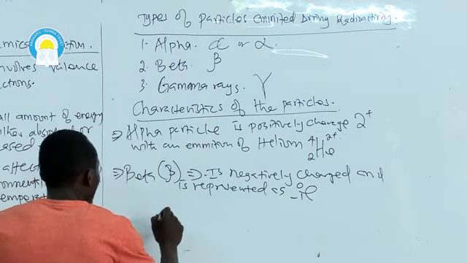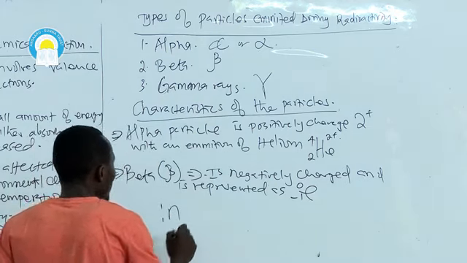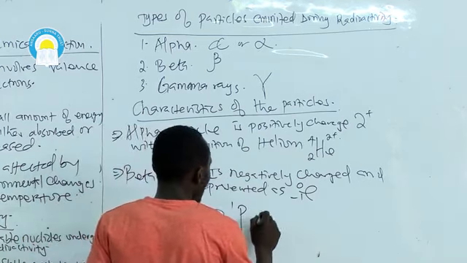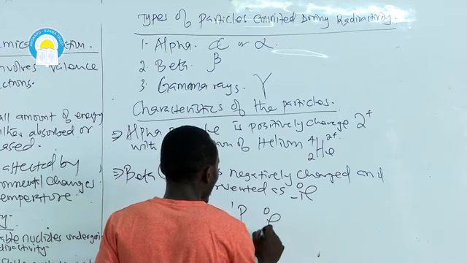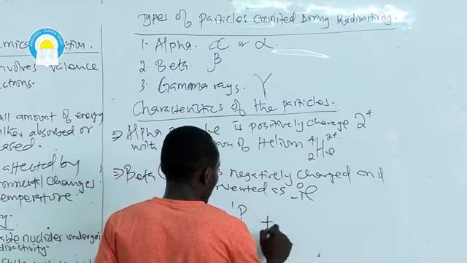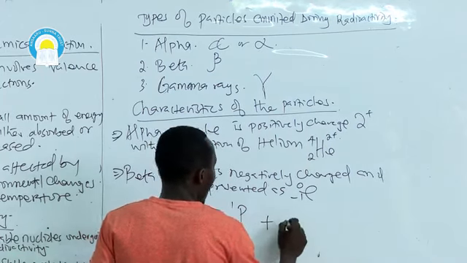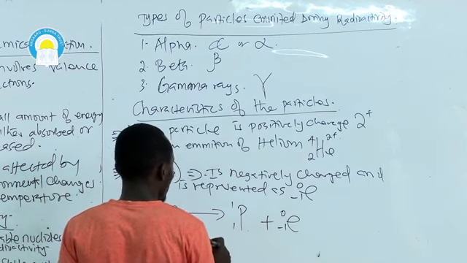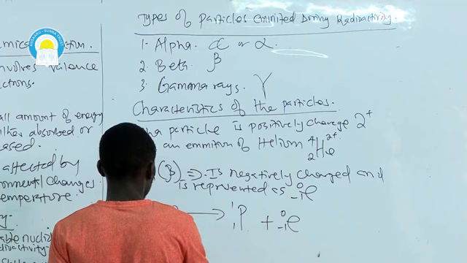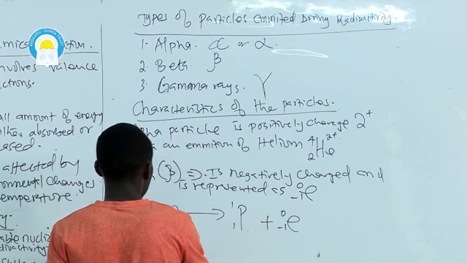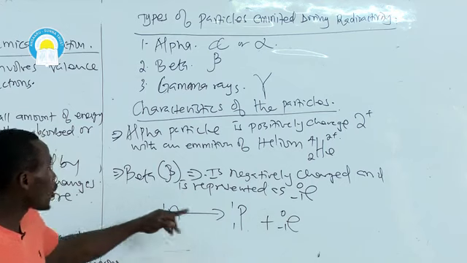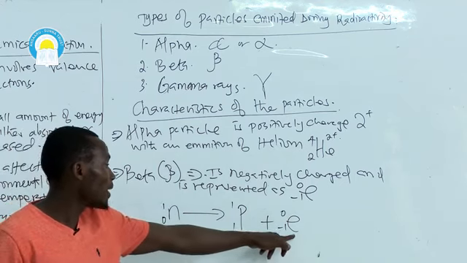So we have a neutron of 1, being converted to a proton of 1, then we have an electron of 0, -1. Here this one is 0, here we have 1. So we have a neutron being converted into a proton, then we get an electron.